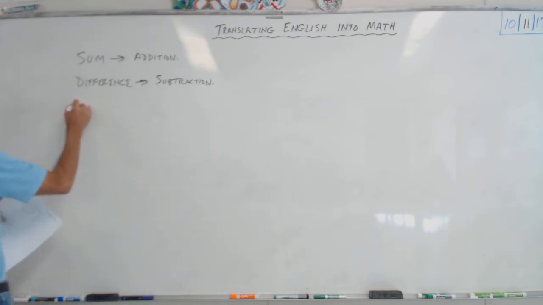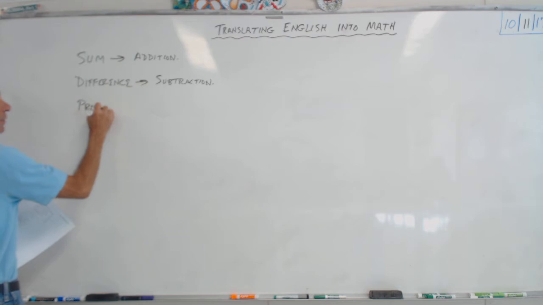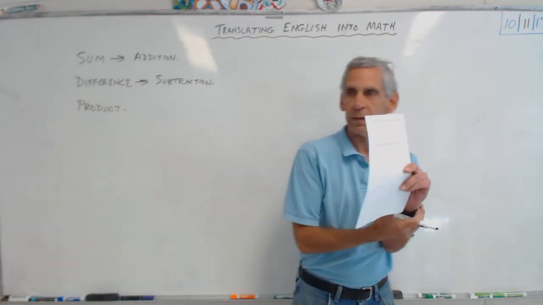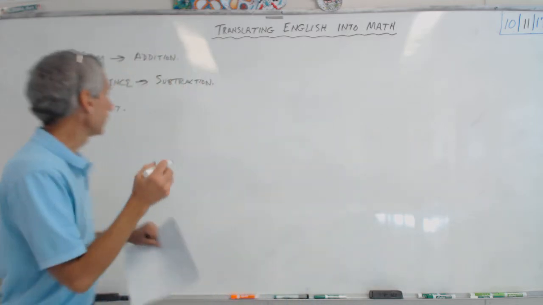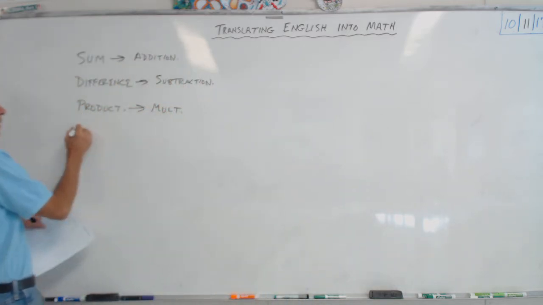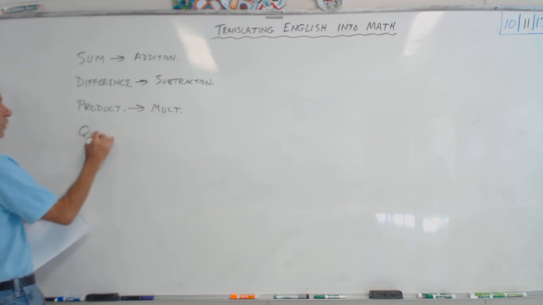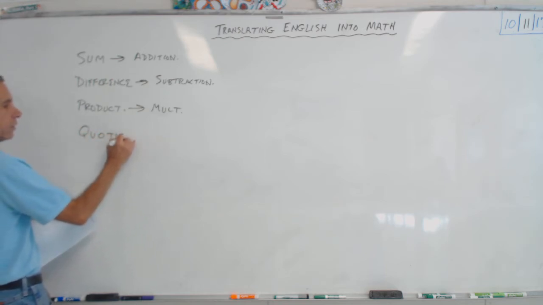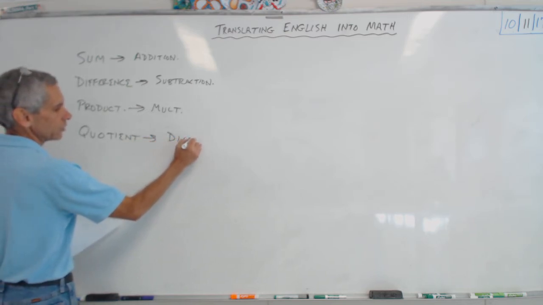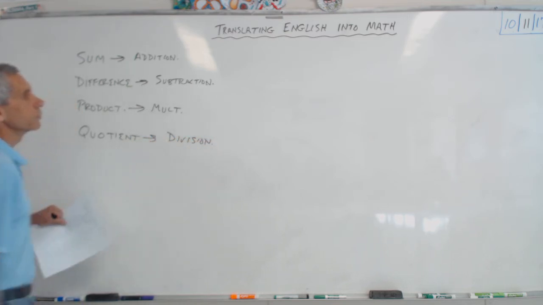What if you see the word product? Sienna. Answer to a multiplication problem, right. And then quotient. What if you see the word quotient? Rosemary. Division problem. The answer to a division problem, right?